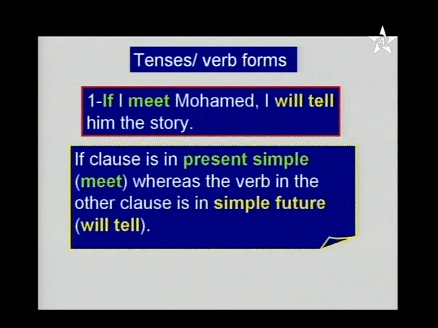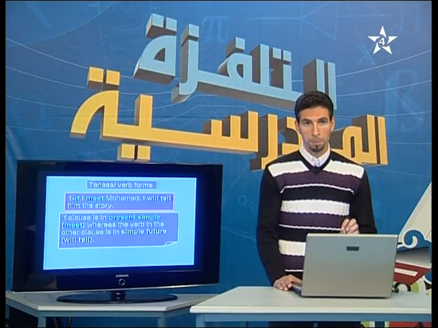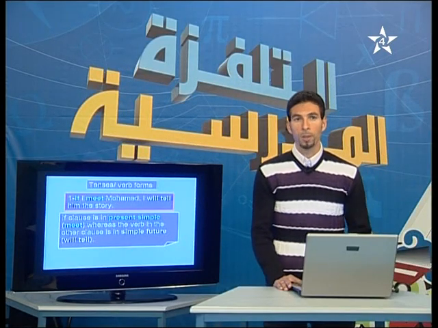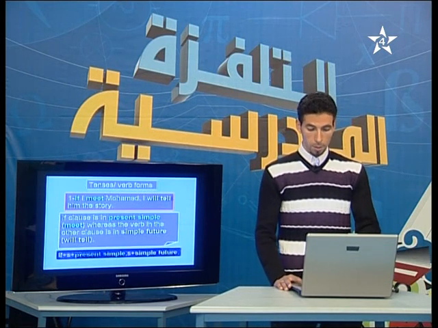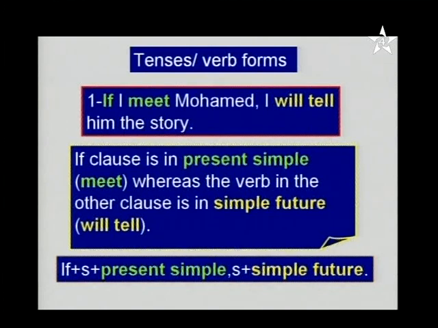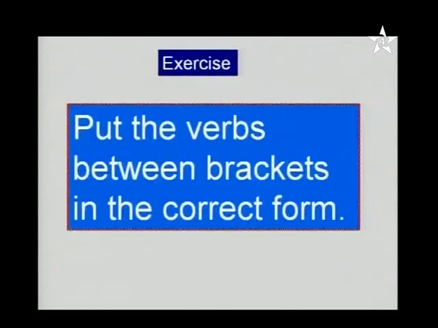So this is mainly the way it's done in conditional type 1. So the if clause is conjugated in present simple and the subordinate clause is in simple future. In other words, if plus subject, simple present, and the subordinate clause is in simple future.